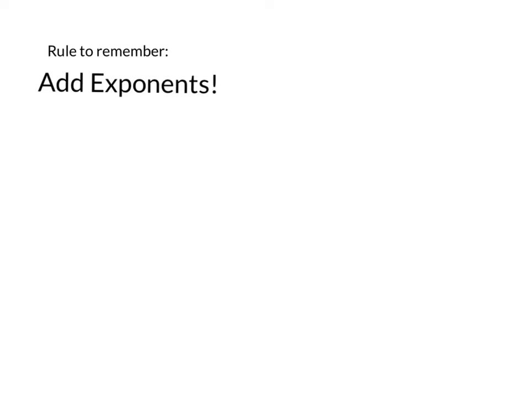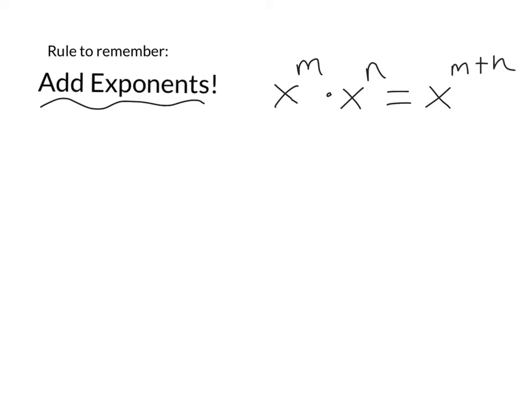So the rule to remember for the first property is you're adding exponents. When you are multiplying powers with the same base, x to the m times x to the n, same base, powers, we're multiplying, it equals x to the power of m plus n.